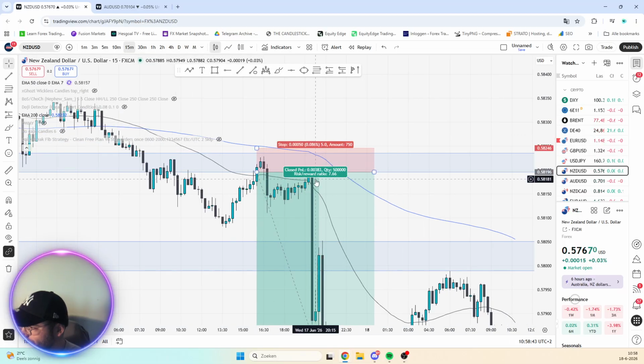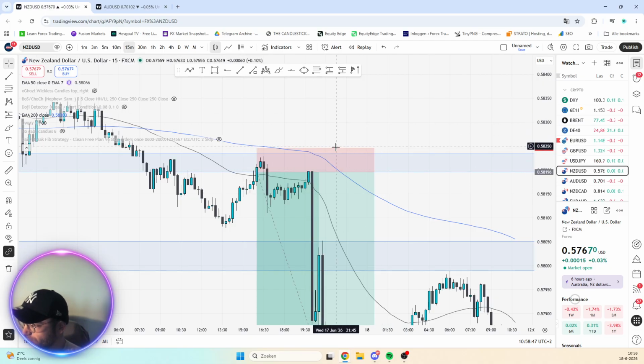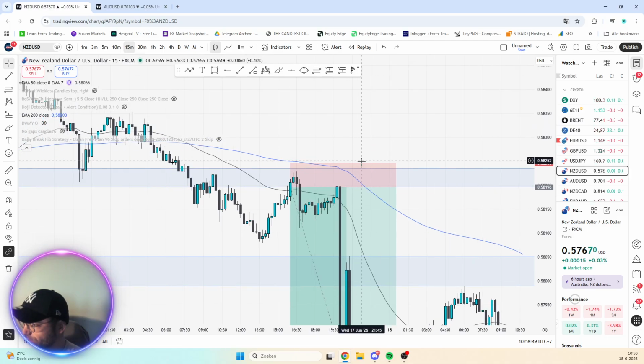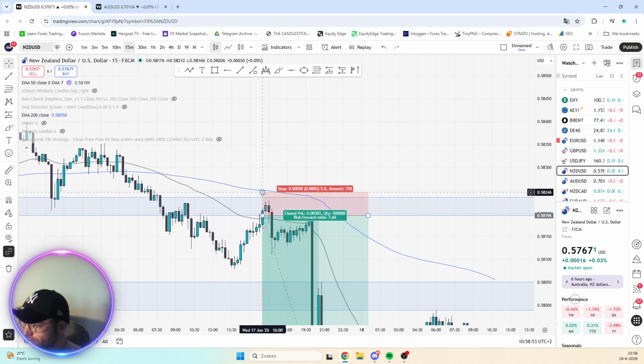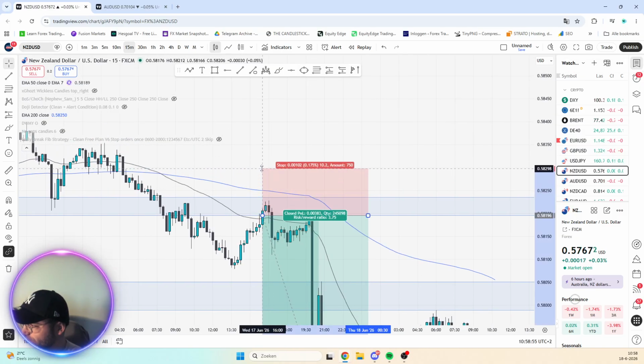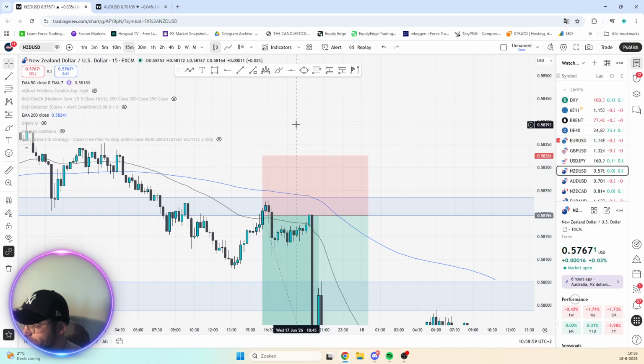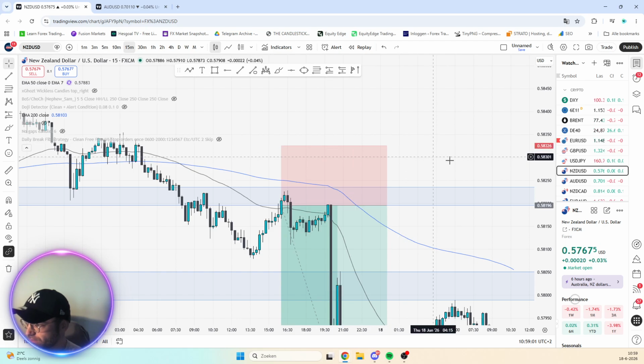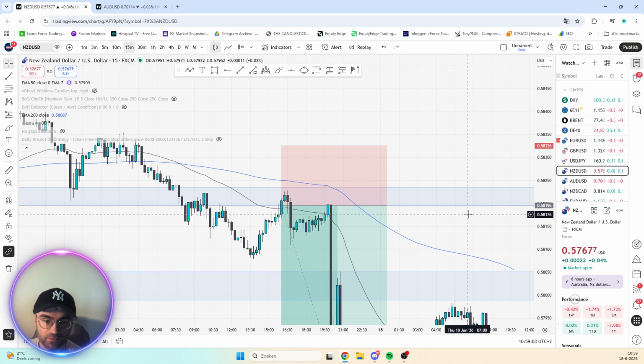So I got stopped out here, right at the start of the big candle, but not from my stop loss. No, my stop loss was like this. As you can see, price not even remotely close to it. I got stopped out all the way over here, while price was all the way down here.